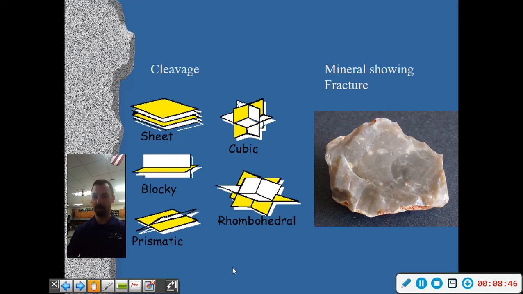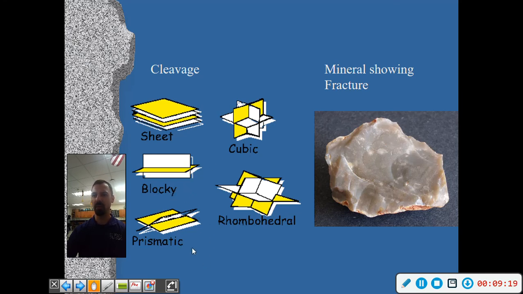Cleavage, so these are the different types of cleavage. Flat sheets is going to be like a one plane cleavage. That's one direction of breakage. A more blocky cleavage or cubic is a 3-dimensional form of it. There are also 2-dimensional forms, but they'll be talked about in the questions. We'll see it on the chart. But usually one plane, 3 planes, we look at the cubic, the blocky structures.